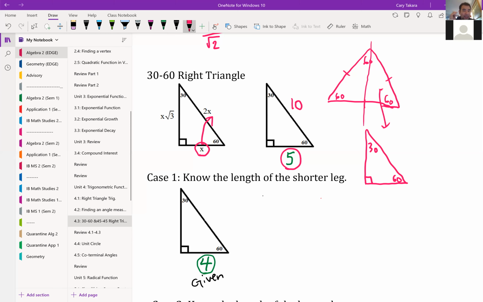Okay. And this other leg is always square root of 3 times more. So you multiply by square root of 3. So it will be 5 square root of 3. Does that make sense?